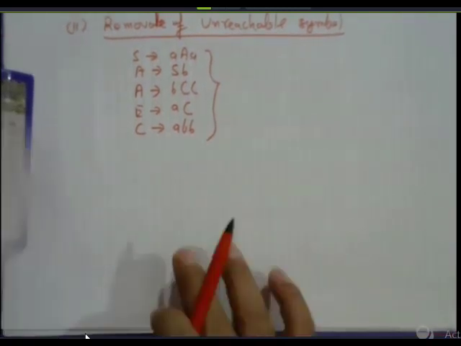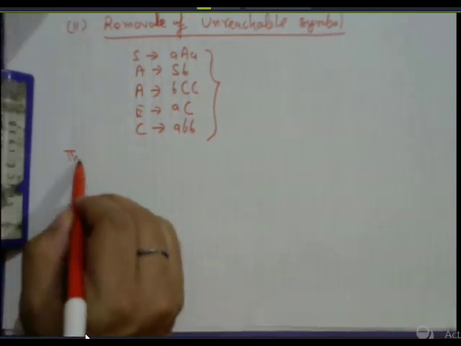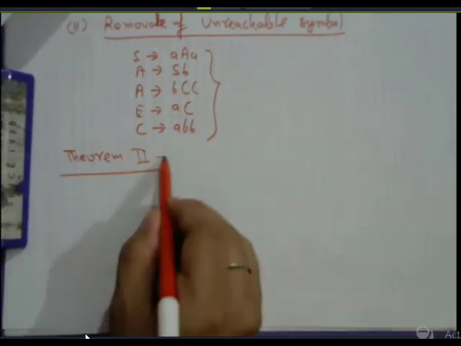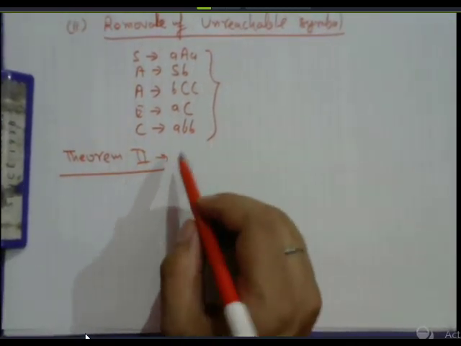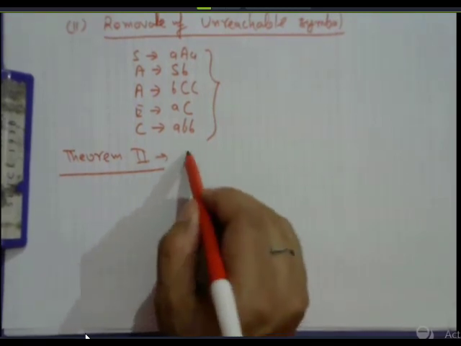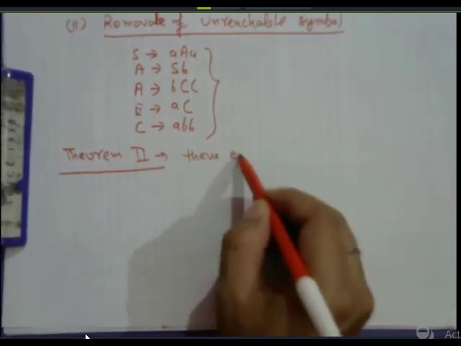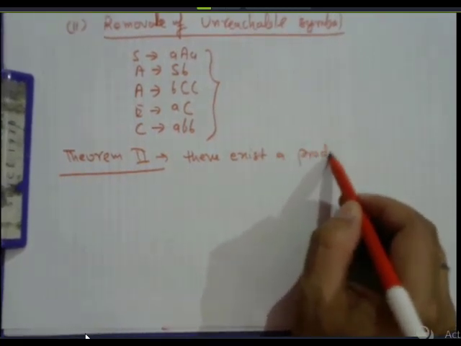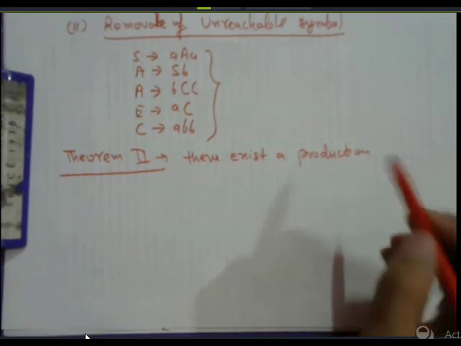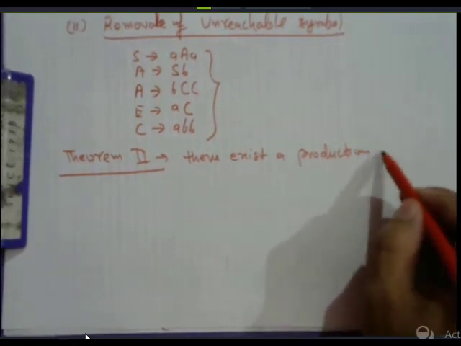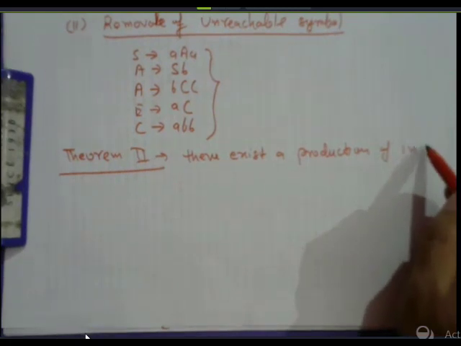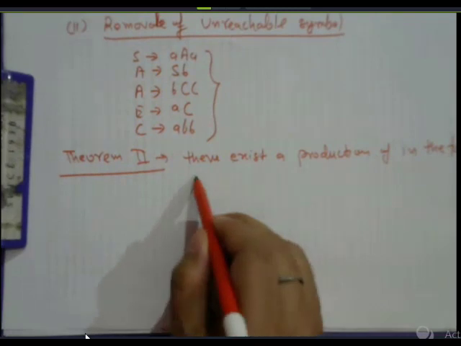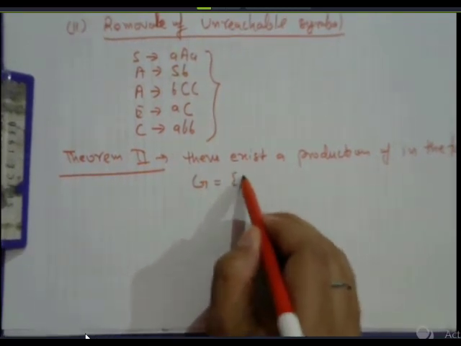Theorem 2: there exists a production of the form G tends to (Vn, sigma dash, P dash, S).